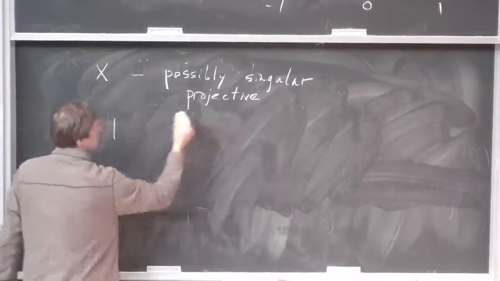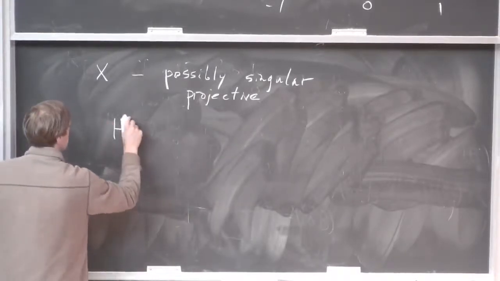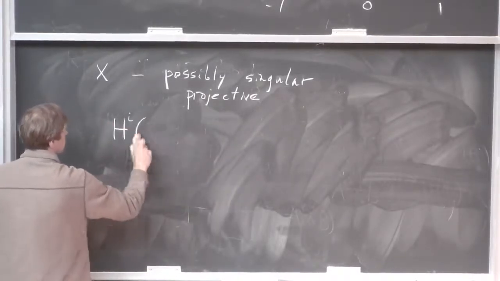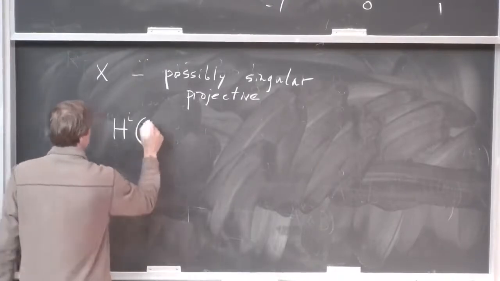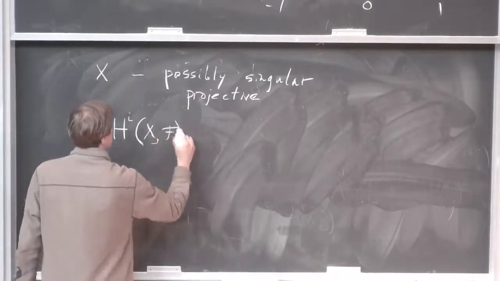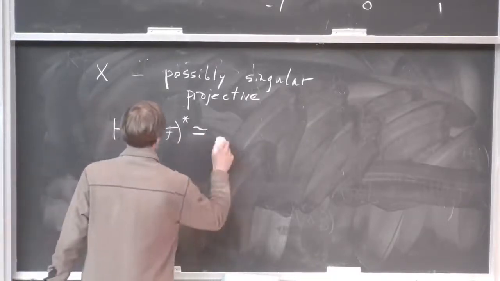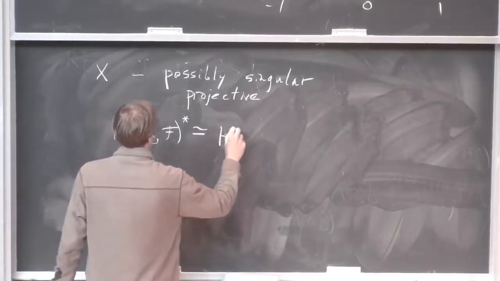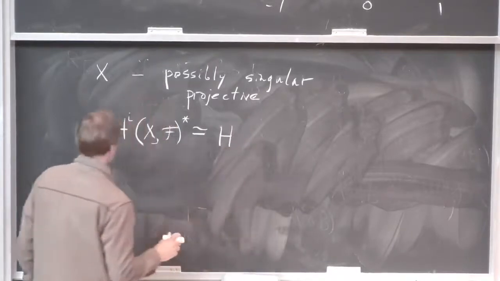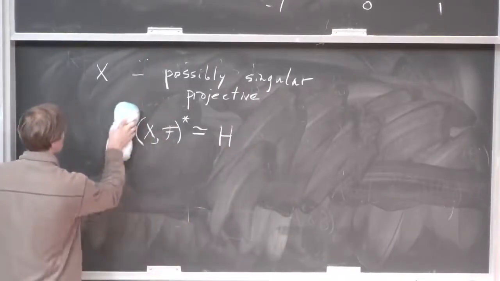I need projectivity so that the cohomology are finite dimensional. So if you have some sheaf F and you want to calculate H^i of this sheaf, the dual of this is going to be H. Well, maybe I'll write this in terms of R gamma.